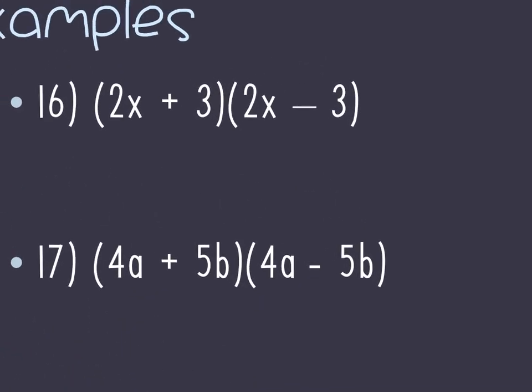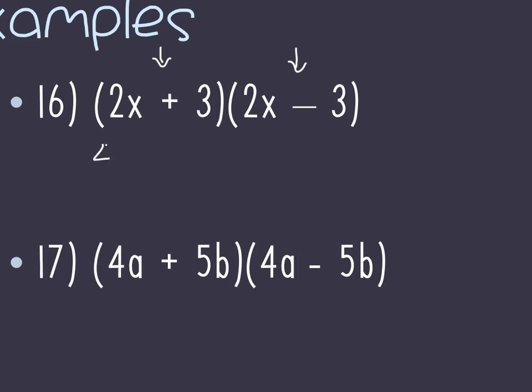So if you notice, all of the numbers here are the same. What's different is the first one has an addition sign and the second one has a subtraction sign. This is actually going to produce the difference of two squares. But if you don't realize that, you can FOIL or distribute the whole thing, but your outer and inner terms are going to cancel.